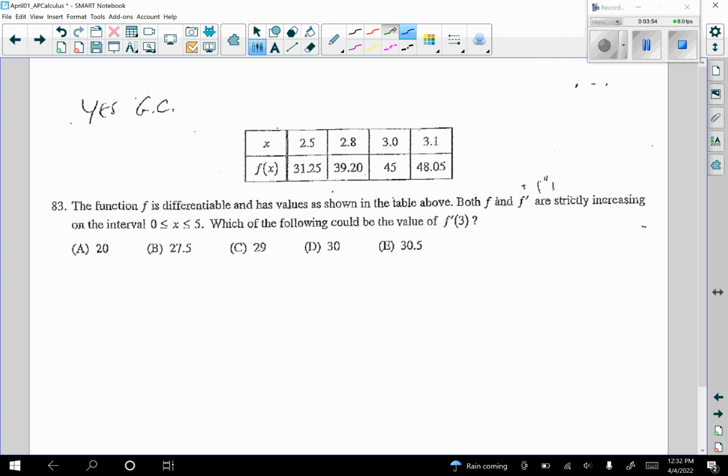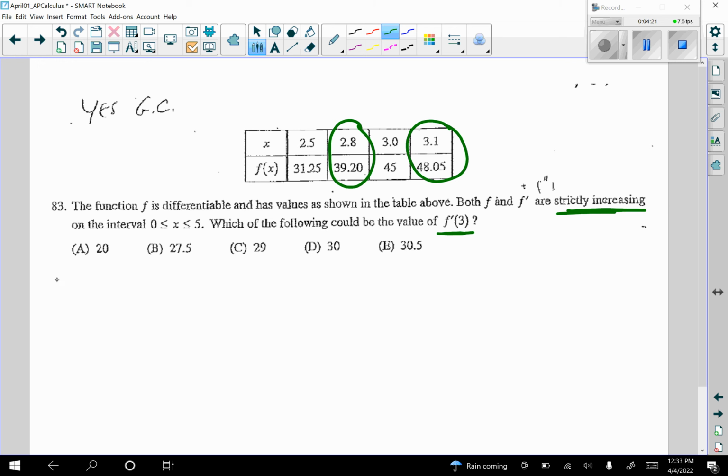Right, now for 83, we're looking at the table to help us get a possible value for f prime of 3. Now, we're not given a function, so we're relying on the slopes of the secant line. So typically, when we're looking at this, we would just look at these two ordered pairs. And what we're also given here is that both our function f and f prime are strictly increasing on this interval from 0 to 5.